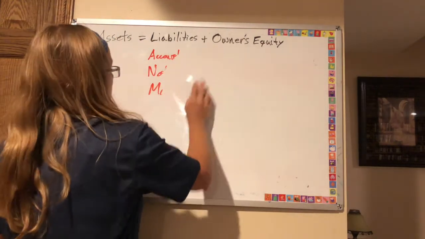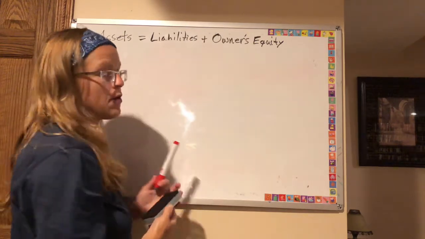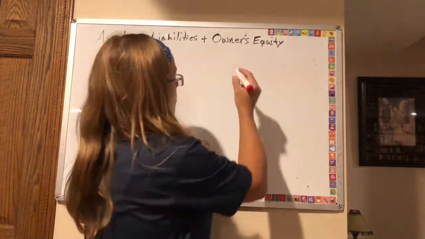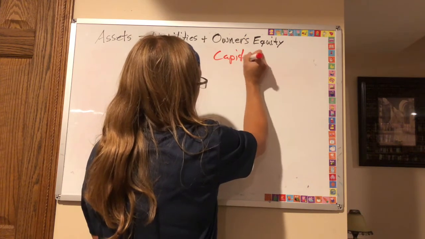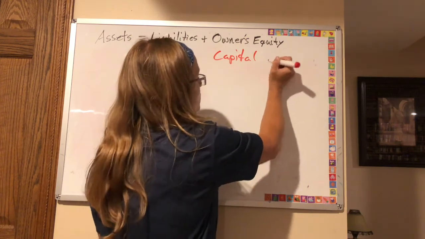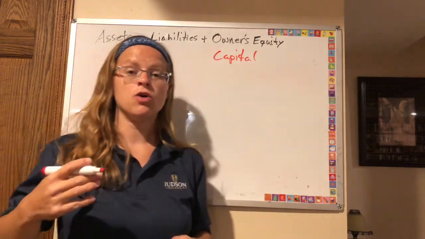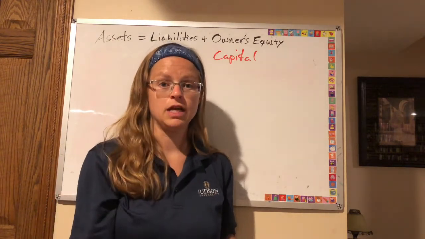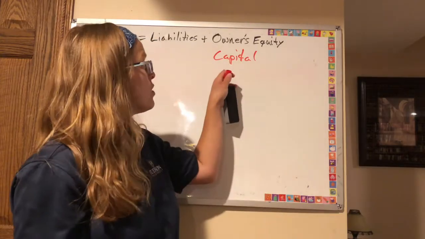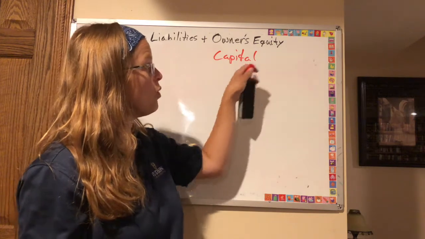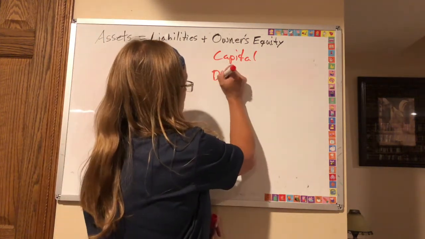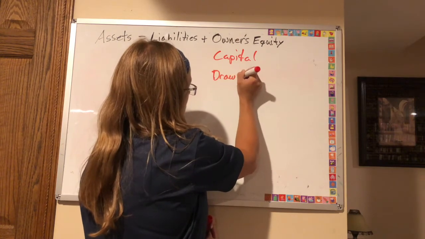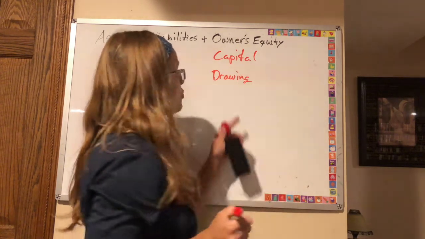Now, owner's equity. Owner's equity will include a capital account. And a capital account is what the owner has invested in the organization. The owner's equity will also have a drawing account.